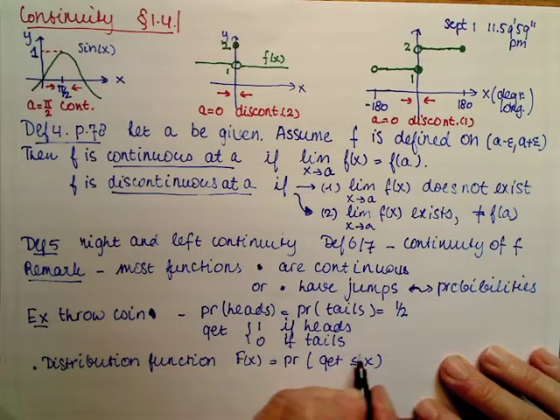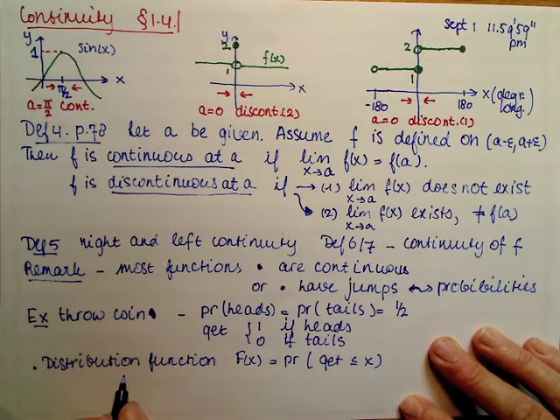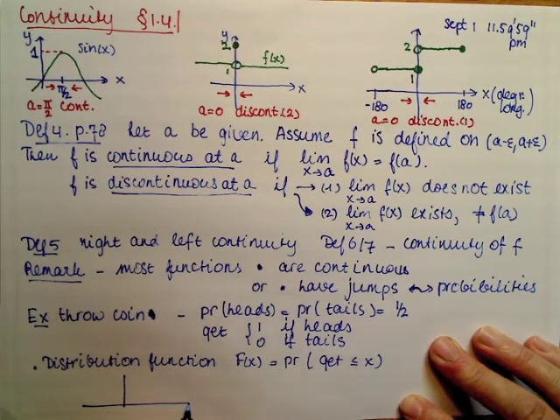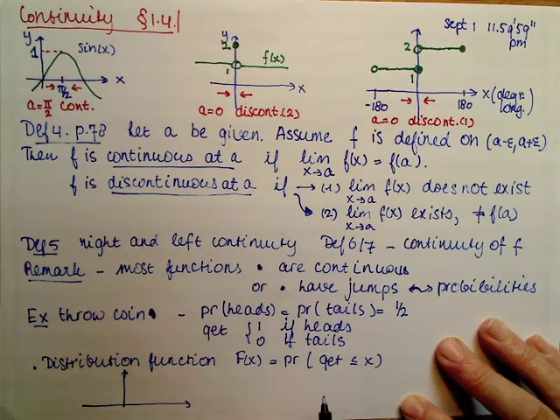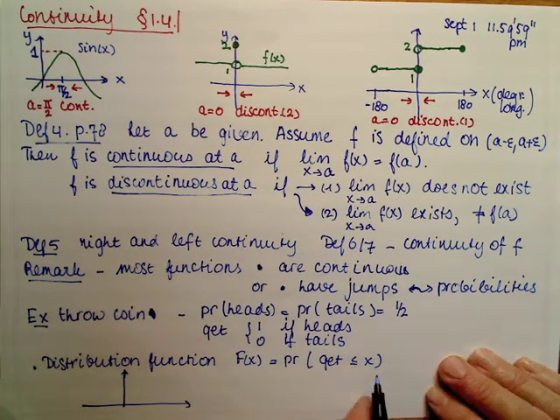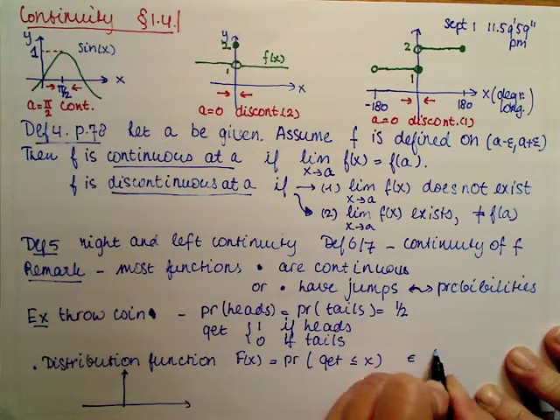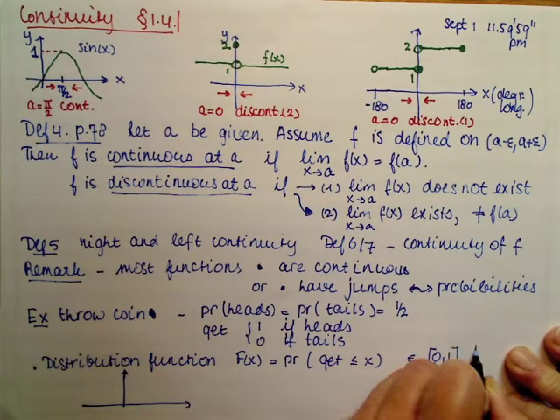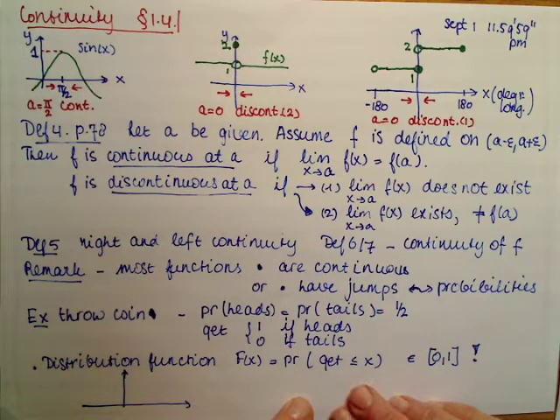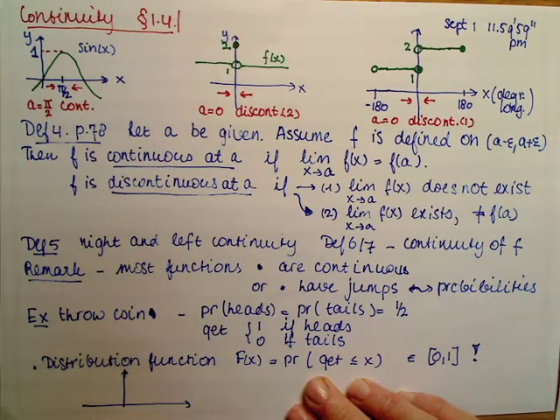So if we vary x, let me give a picture. Of course, it's a probability, so the values are always between 0 and 1. Don't make the mistake that you get negative probabilities, as some students tend to do, or probabilities greater than 1.